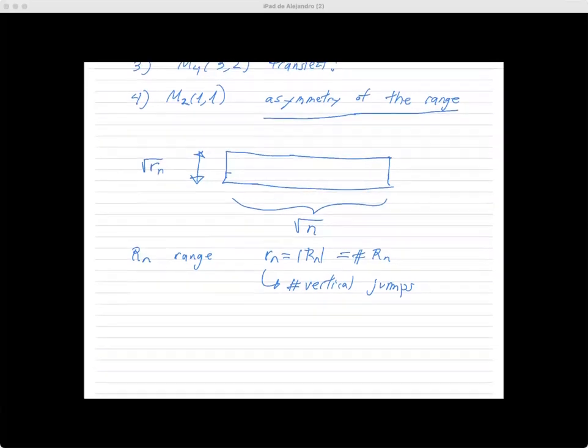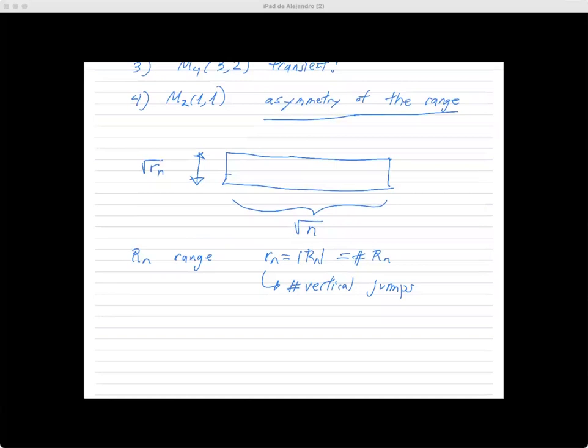So if you want to address question 4, it would even be enough to show that the range of this random walk is little o of n. And then you would get this asymmetry.